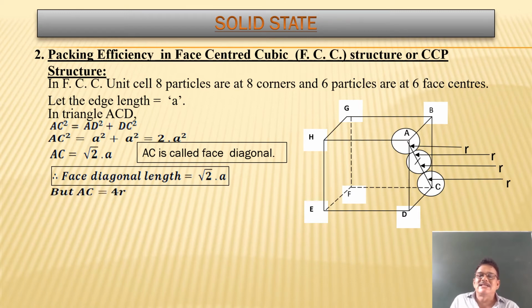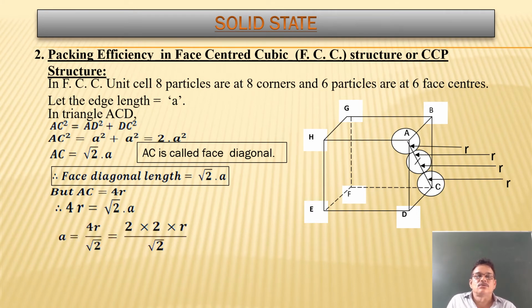But AC is equal to 4R. We have already discussed it. AC becomes equal to 4R. Therefore, 4R is equal to root 2 a. A is equal to 4R by root 2. Or 4 can be written as 2 into 2 into R, by root 2.